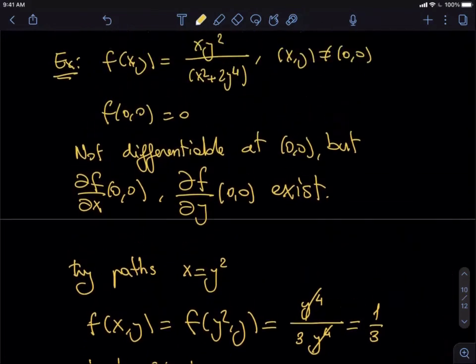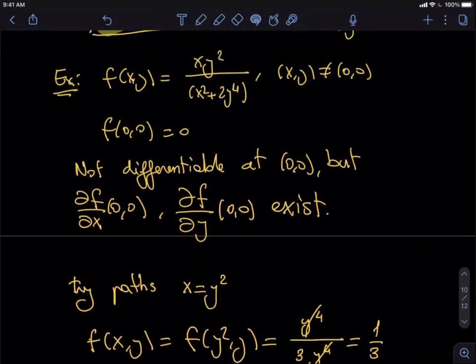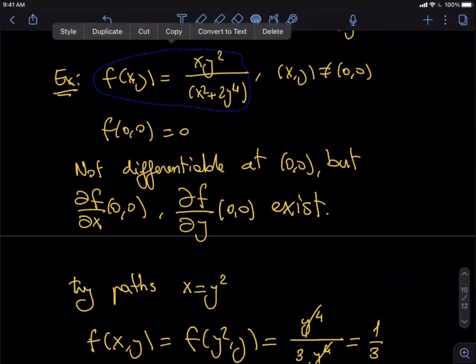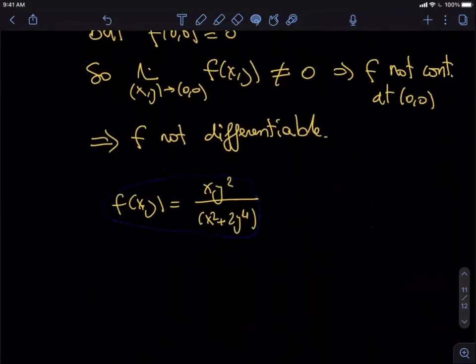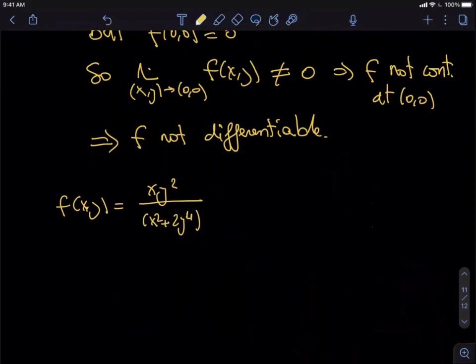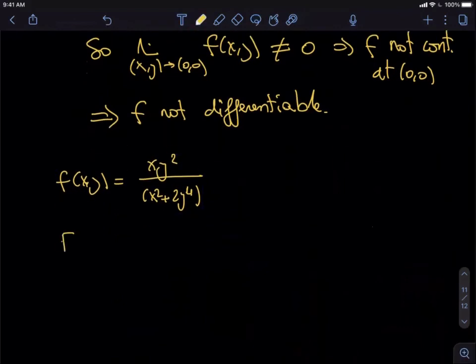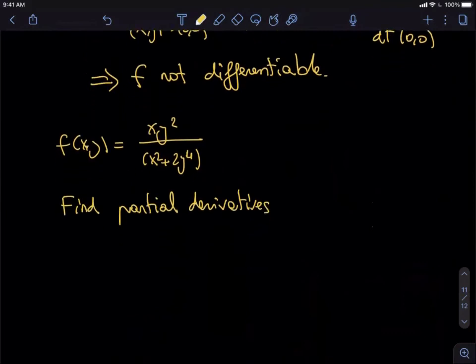But then the partial derivatives, here we don't really need to do any computation because see what happens. To find the partial derivatives, we only need to find the derivatives with respect to t, the partial derivatives at (0,0).